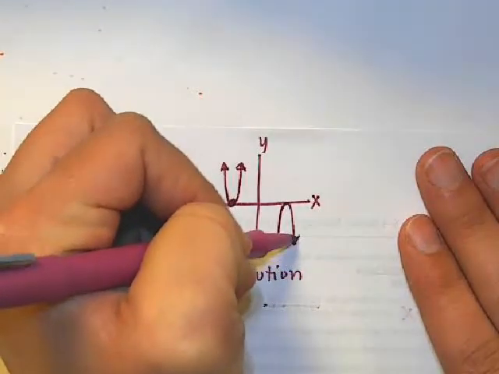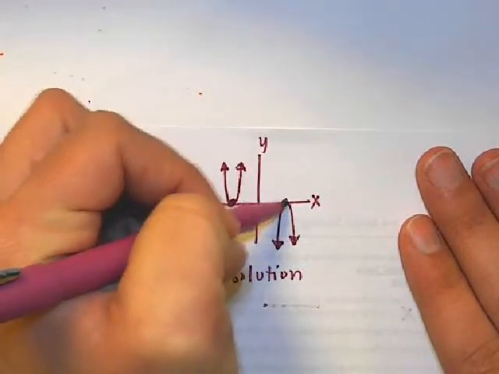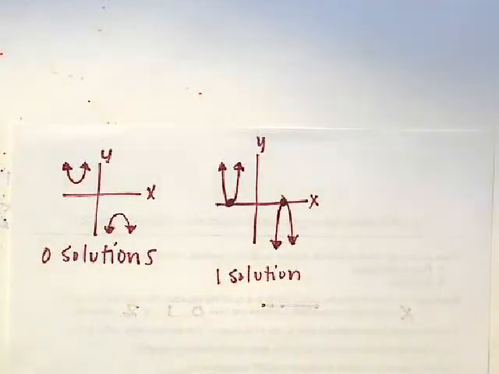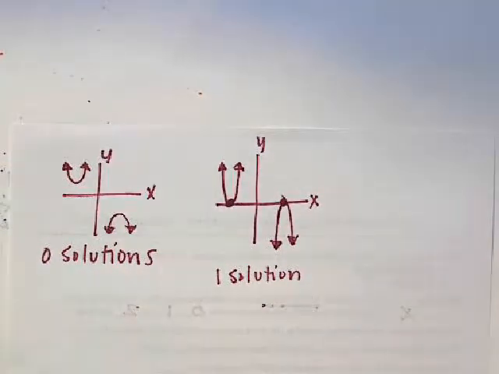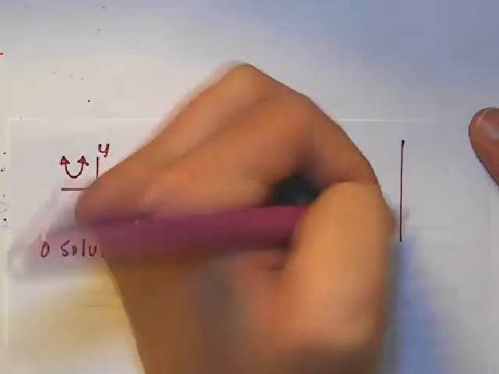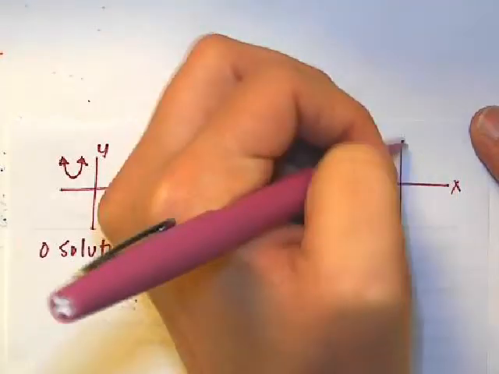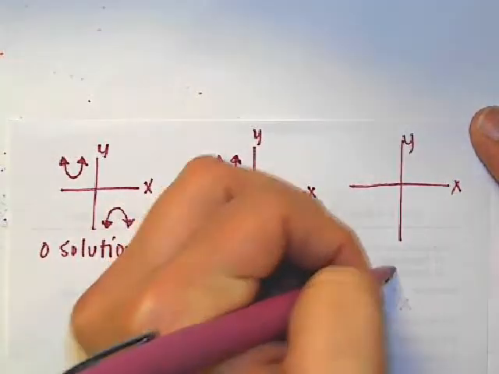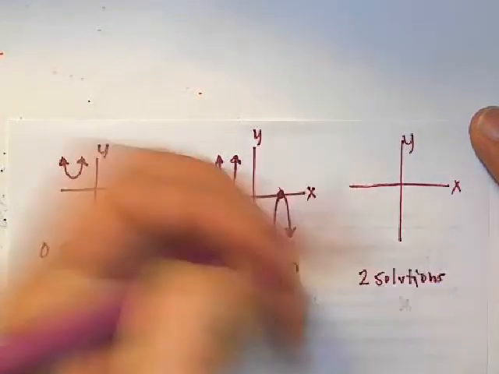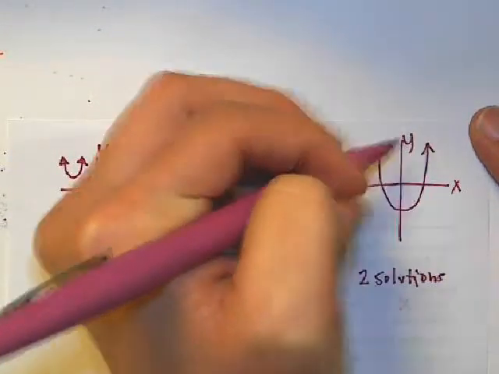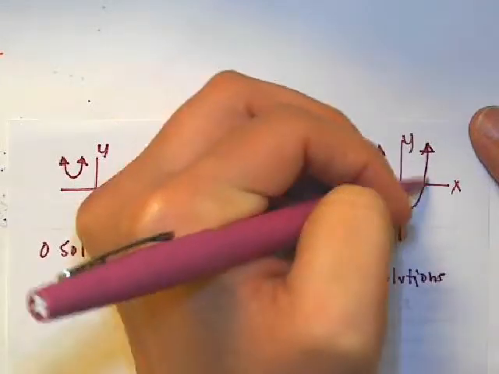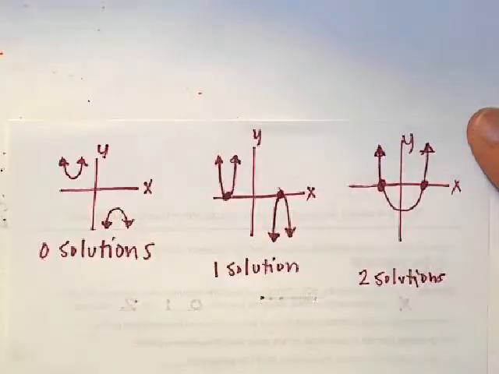As long as the vertex is the only thing that touches that x-axis, it would have 1 solution. Does that make sense? Okay, and then 2 solutions is what we've been looking at so far. X, Y. 2 solutions would be just a regular U.